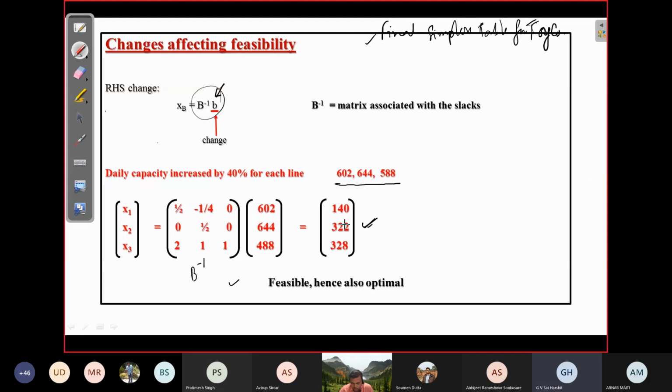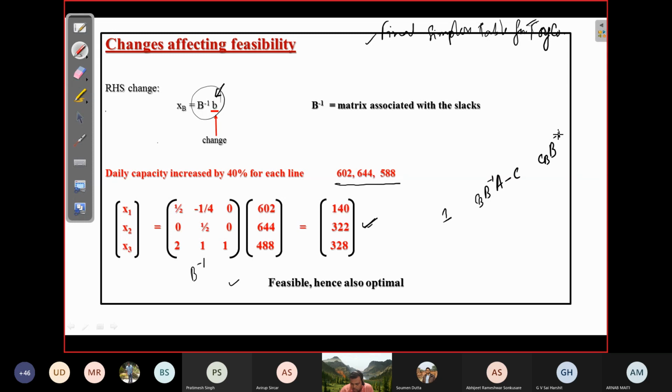Yes, all positive. So this is a feasible solution. Is it an optimal solution? Yes, because the first row will still be non-negative, that means it will be unaffected. We have changed small b, and if we look at the first row of the simplex method, it is 1, then CB B inverse A minus C and CB B inverse, right?